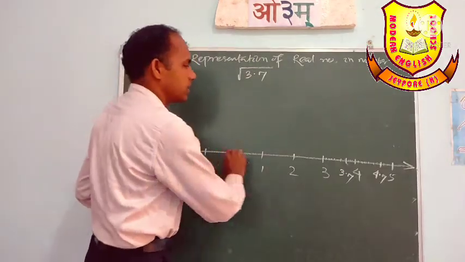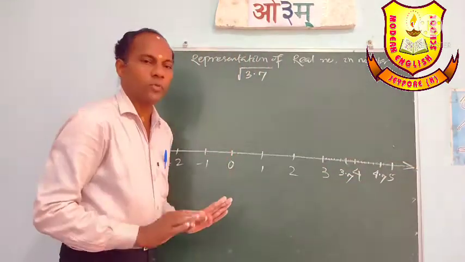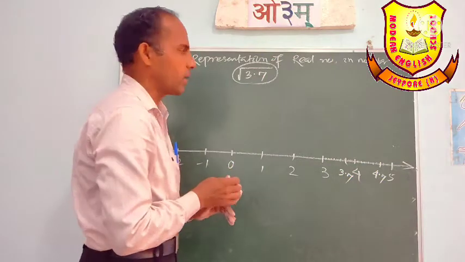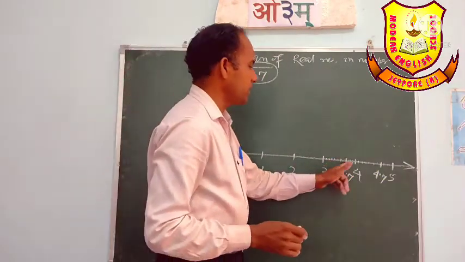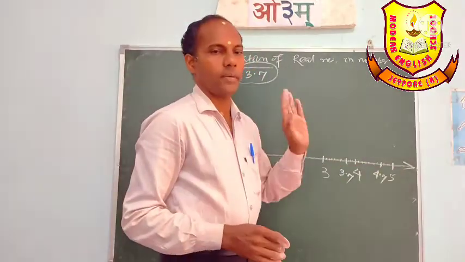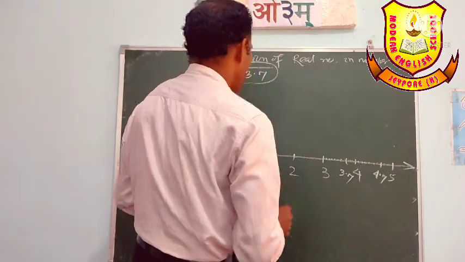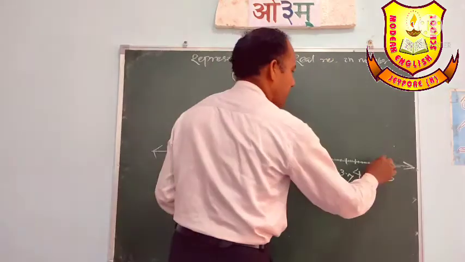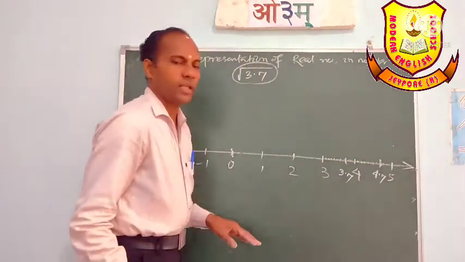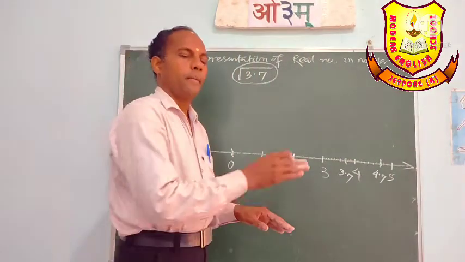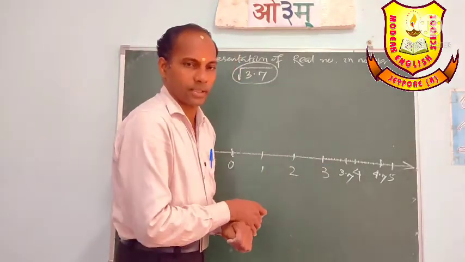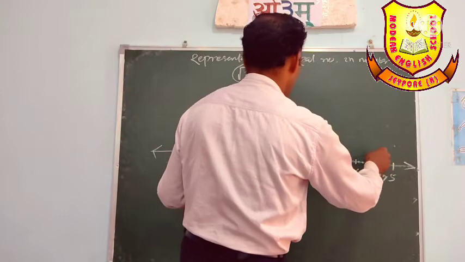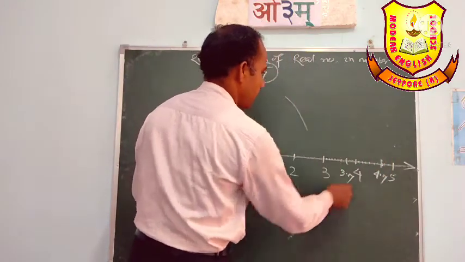Okay, so this is the number line. We have to show root over 3.7. First you have to take 3.7, then 4.7. And now from 0 to 4.7, you have to draw the perpendicular bisector. You have to divide it into two equal parts, like this.